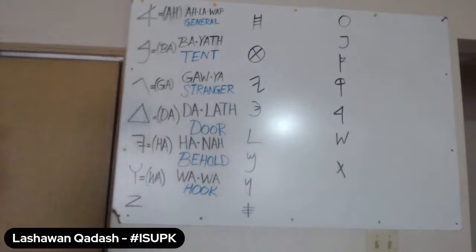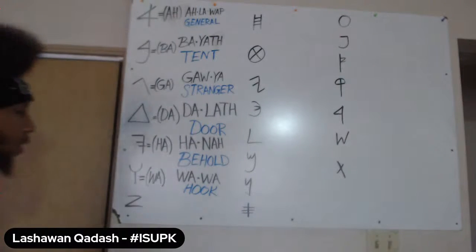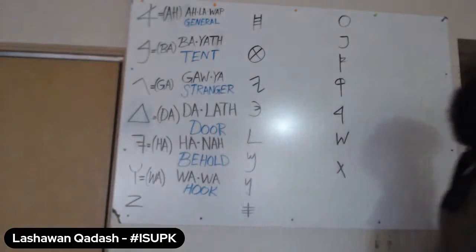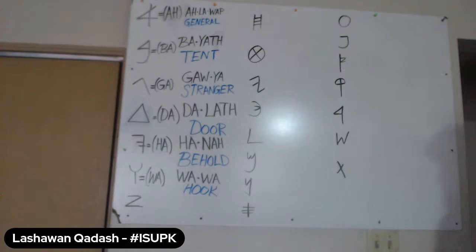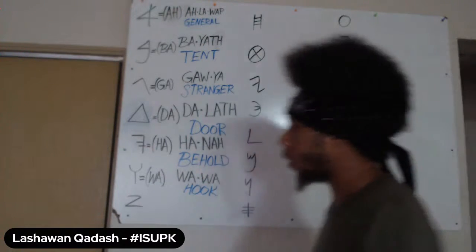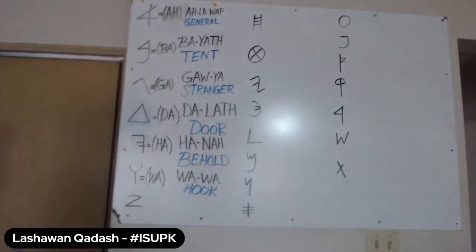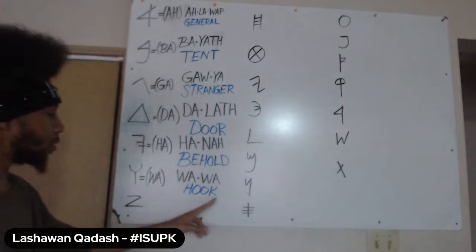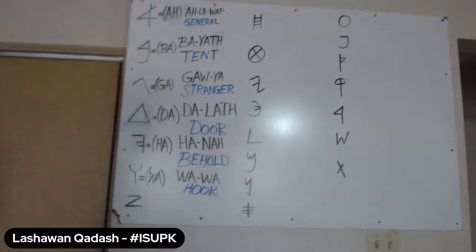So think of a fishing hook, for example. That's what wa means in Hebrew. Hook. So like a fishing hook, a weapon, a spear. It's like a hook. It's what we used to use back then. Hooks.